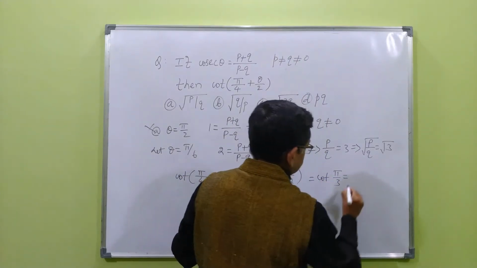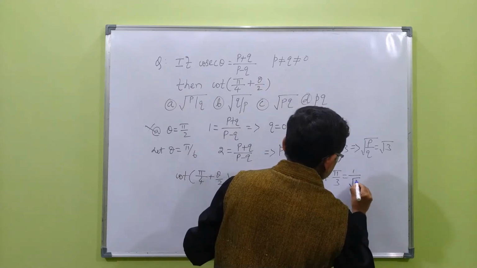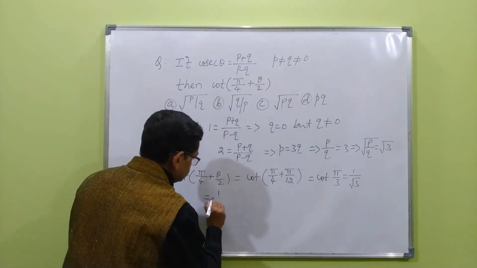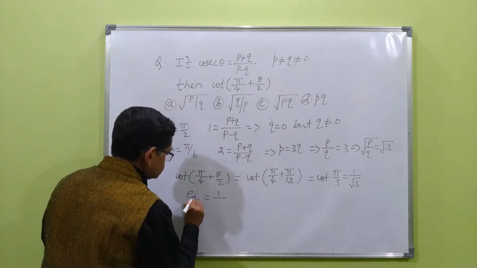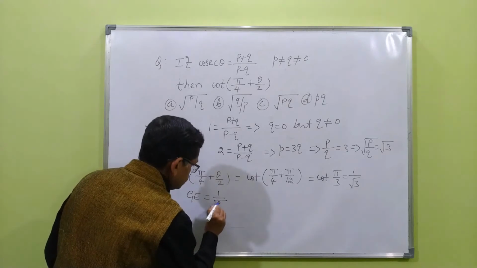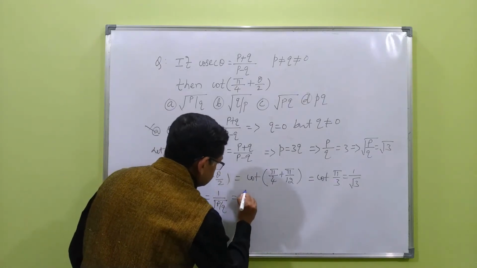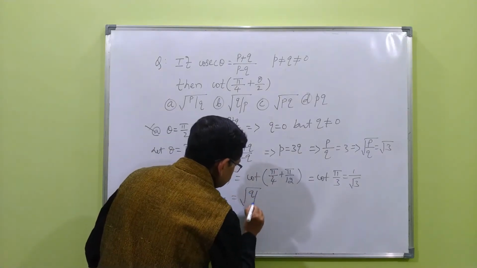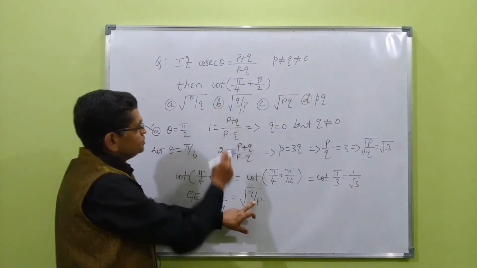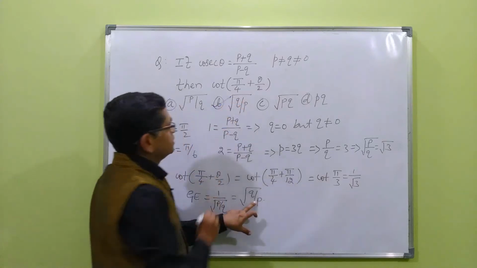Okay, cot pi by 3 means 1 by root 3. What is root 3? That is root P by Q, so the given expression becomes 1 by root P by Q, or root Q by P. So finally we get this one, so B is the correct answer.